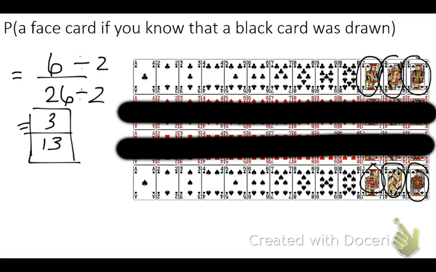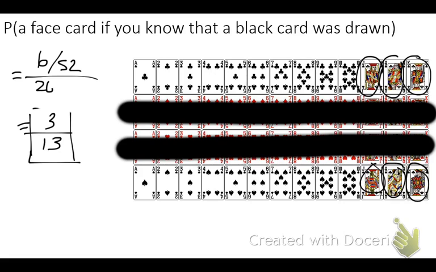So that's how conditional probability works: if you know something else already happened, what's the probability that this other thing will happen? And I could have used that formula, by the way. 6 over 52 is the probability of getting a black face card, that A and B happen, so that it's a face card and it's black.